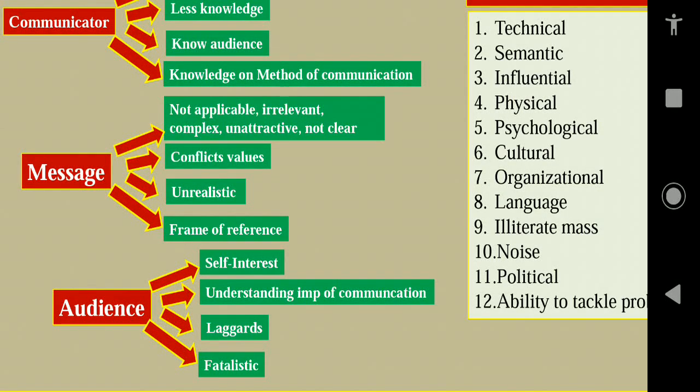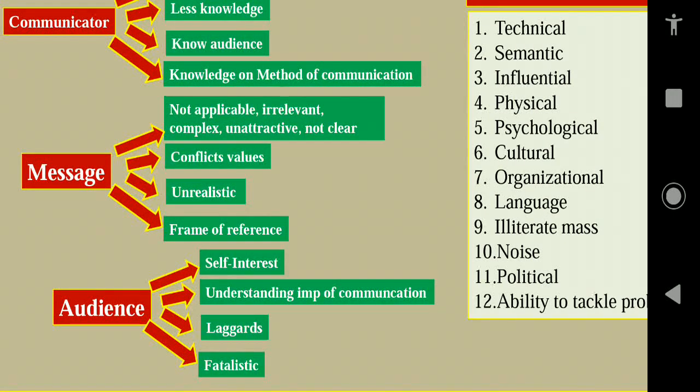Then attention of the audience. If the audience is not attentive to the communicator due to many reasons, such as physical discomfort, irrelevant or untimely message, the message will not be communicated as intended.